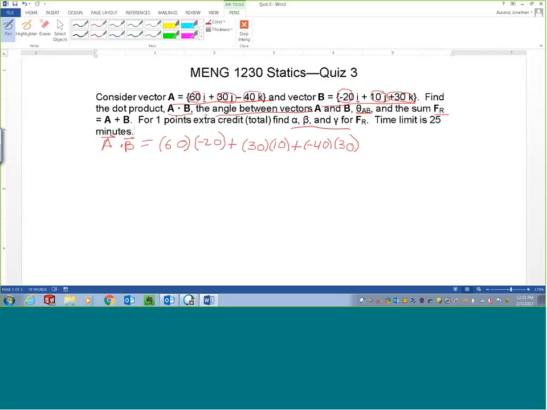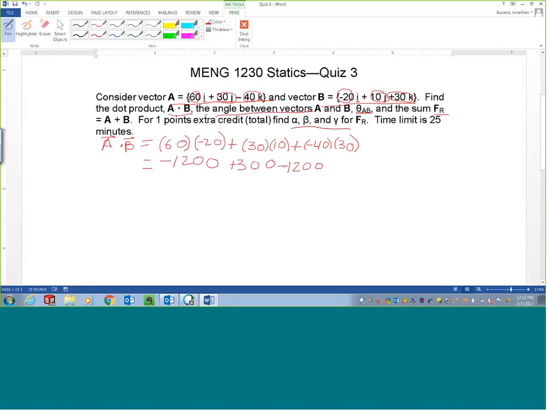Remember, the dot product is a scalar, so we don't have I, J, K, and the dot product is a number. And we'll have units of this. If A was a distance, a position vector, we have meters. B was a force, we might have pounds or newtons. So the product might be Newton meter units. So simplifying that down, we get negative 1200 plus 300 plus, minus 1200.